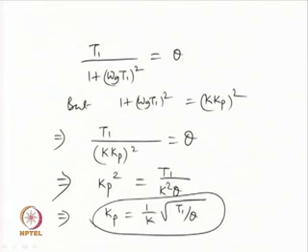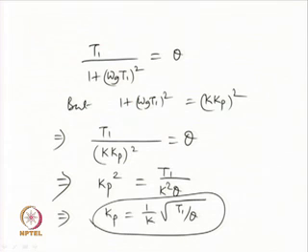Thus, a proportional controller that ensures optimum phase margin of the loop is designed for an unstable first order plant or process. So, the final expression for Kp is equal to 1 upon k root of T 1 divided by theta.